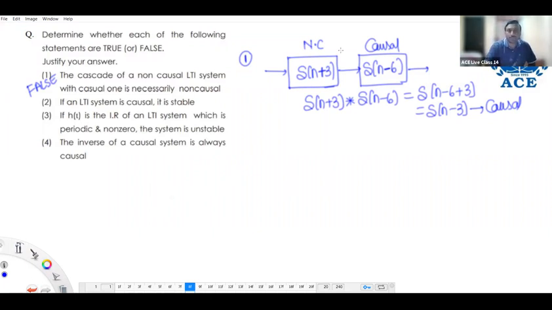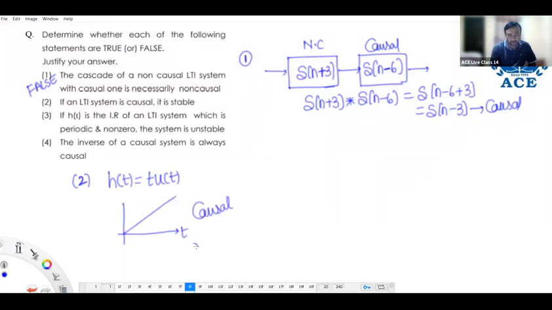Think of the second statement, everyone. If an LTI system is causal, then it is stable. Second statement. Of course, it is also false. Because if I choose a ramp signal, a ramp signal is causal, but stability means the area, integral from 0 to infinity of tau d tau, jumps.